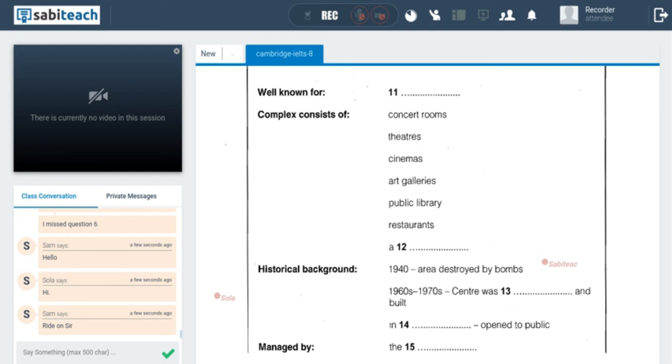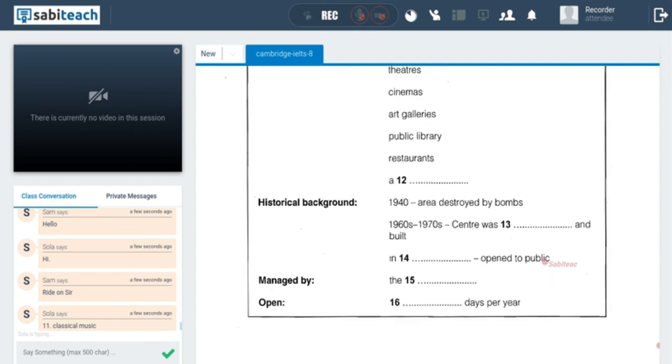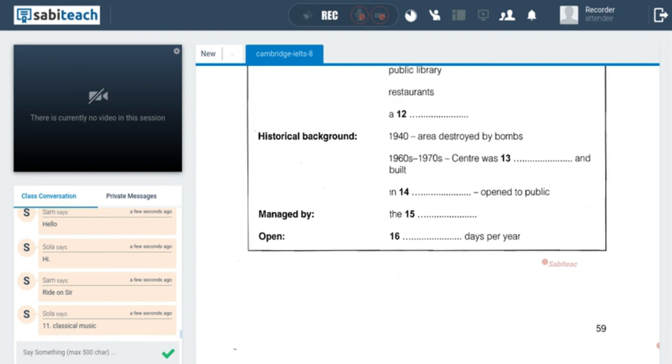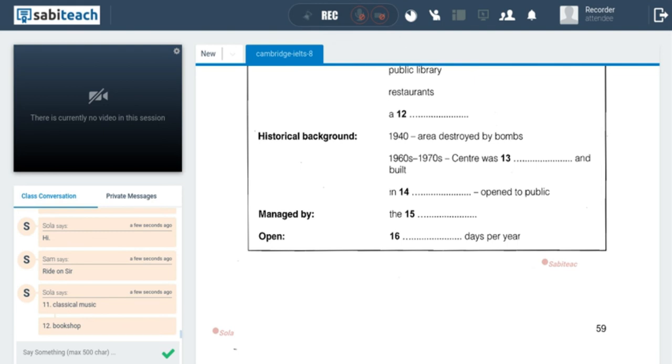But did you know that it's actually much more than just a place to hear concerts? The centre itself is a huge complex that caters for a great range of arts. Under a single roof, it houses concert rooms, theatres, cinemas, art galleries, and a wonderful public library, as well as service facilities including 3 restaurants and a bookshop. So, at any one time, the choice of entertainment there is simply enormous. So, how did they manage to build such a big arts complex right in the heart of the city? Well, the area was completely destroyed by bombs during the war in 1940.